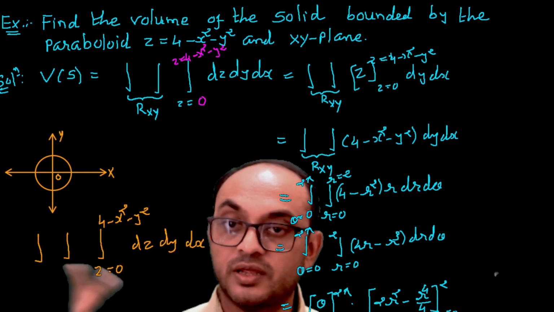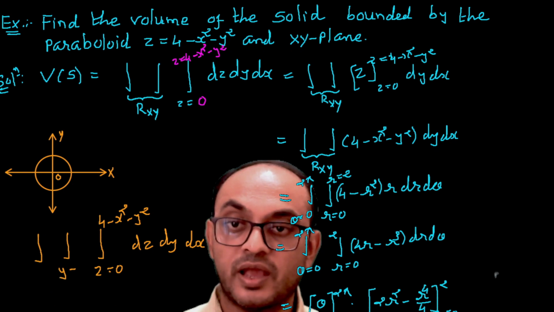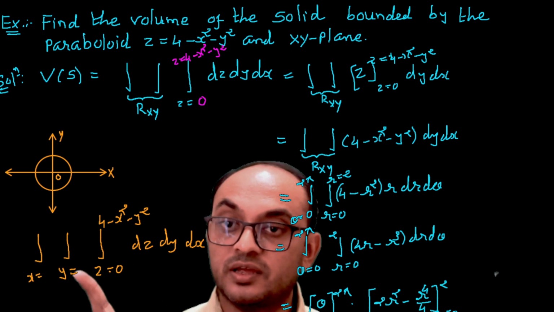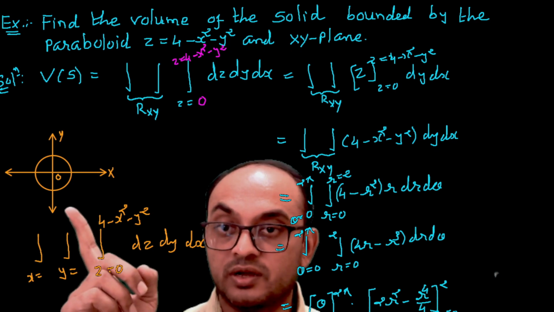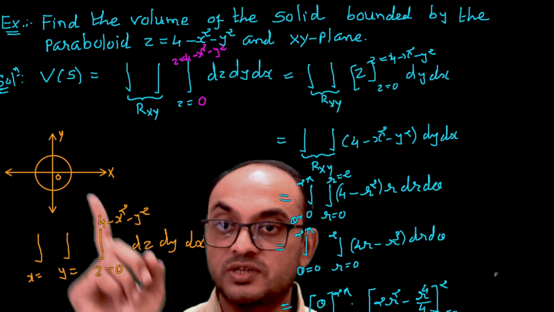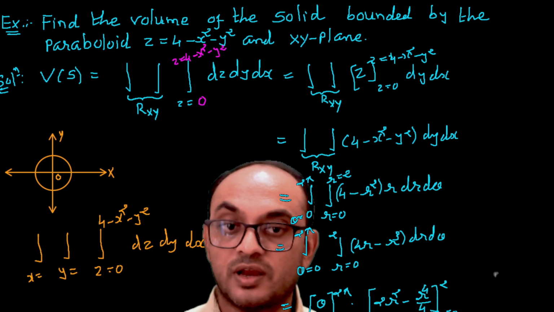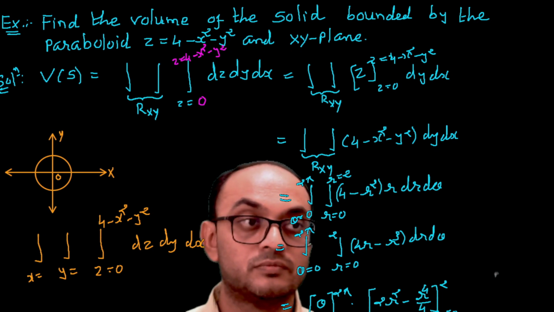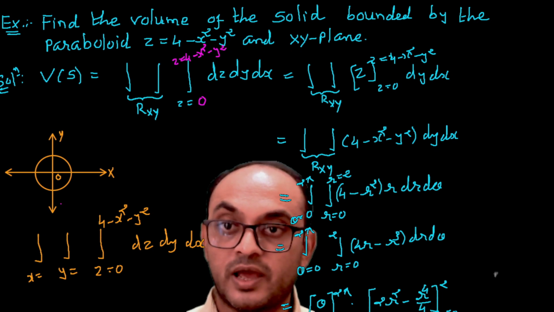Now I have to write the limit of y and the limit of x. What is y? I have to walk vertically. So I am entering into the region from this curve and exiting from this curve. If you draw the vertical line, we are entering from this curve.